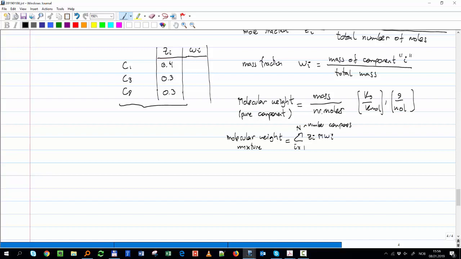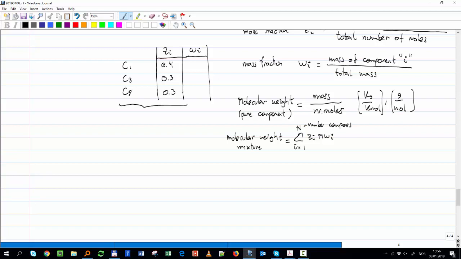So it's like a weighted sum of each component, the molecular weight of each component times its mole fraction. If I have more C8, then the mixture will have a molecular weight similar to C8. If I have more methane, then the molecular weight will be similar to methane.